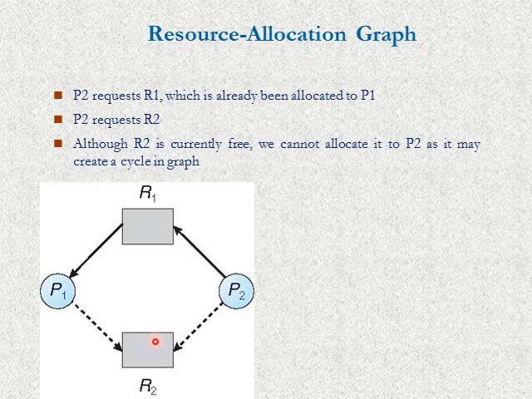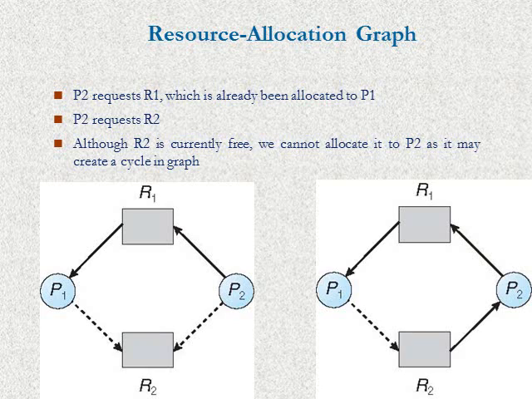So although this R2 is free, we cannot allocate it to P2, because if we allocate it to P2, there is a possibility of a cycle by this particular edge from P1 to R2, and if it executes, then there will be a cycle in the resource allocation graph.